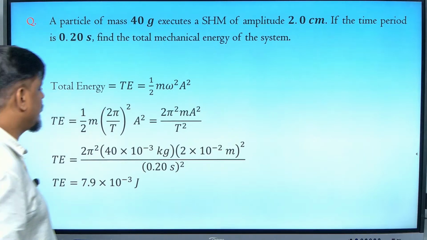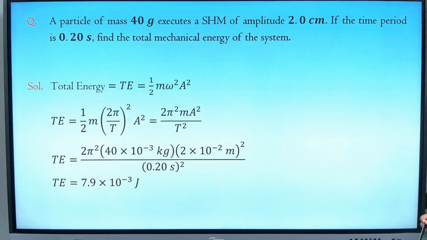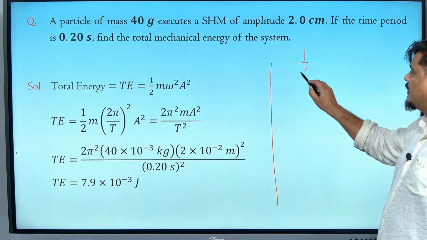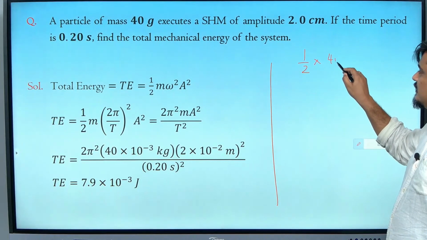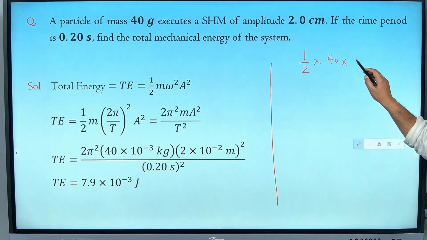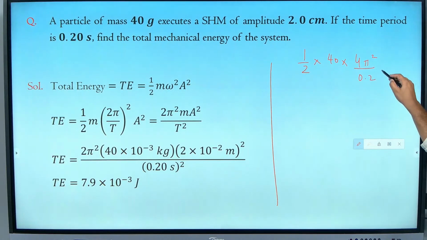If you want, I'll solve it parallelly. Half into m is 40, into omega square, where omega is 2 pi by T. So 2 pi square becomes 4 pi square by time period 0.2, multiplied by a square. A square will become 4.